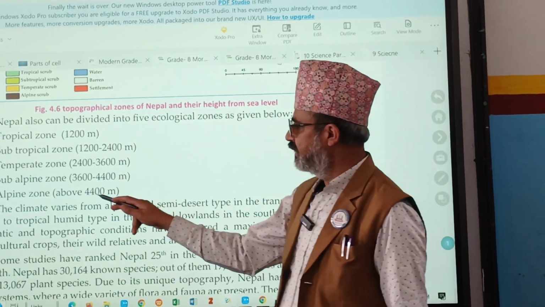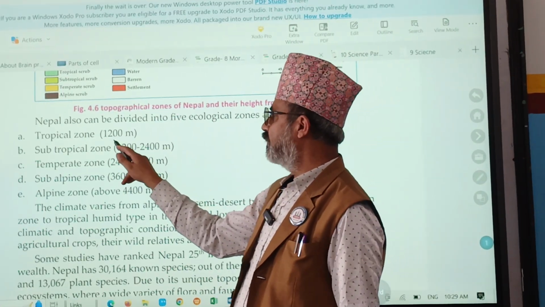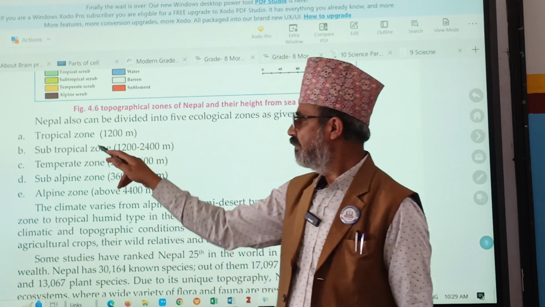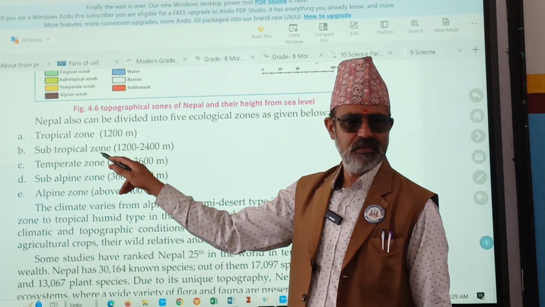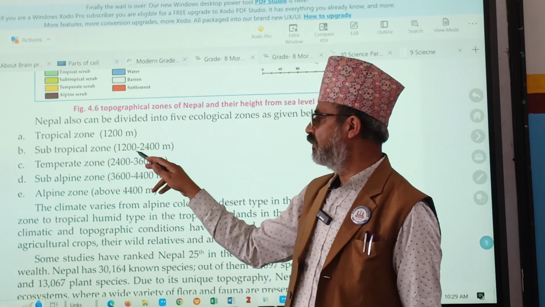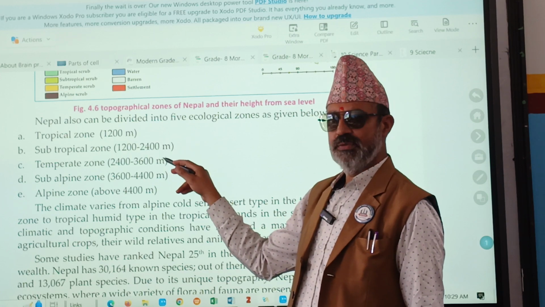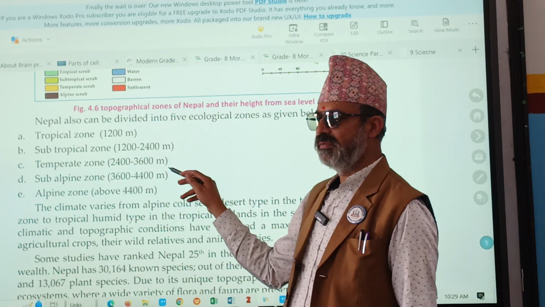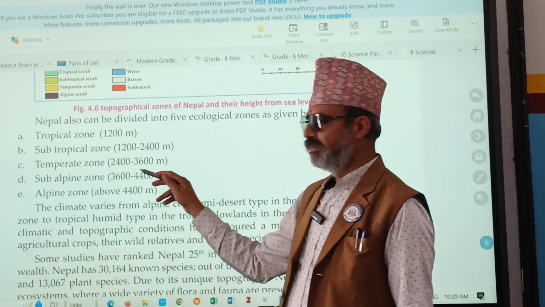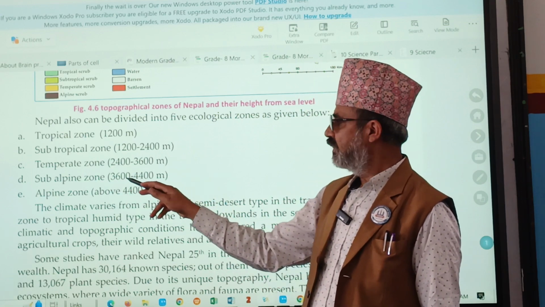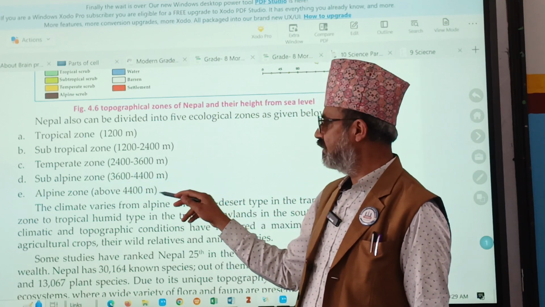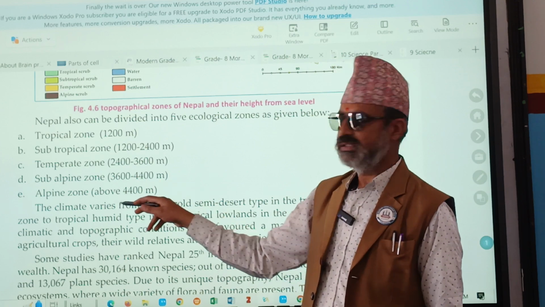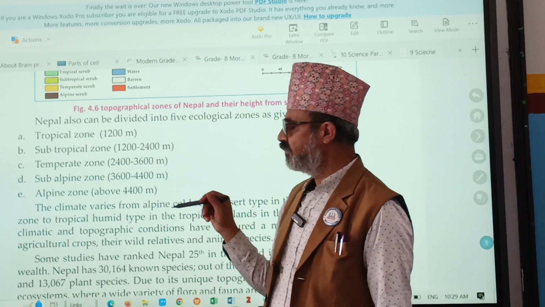One is the tropical zone up to 1200 meters, a very hot region, the Tarai. Subtropical zone, 1200 to 2400 meters. Temperate zone, 2400 to 3600 meters. Subalpine zone, 3600 to 4400 meters. Alpine zone, very cold place, above 4400 meters.